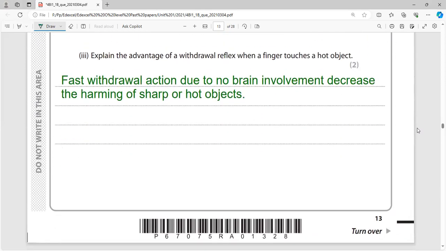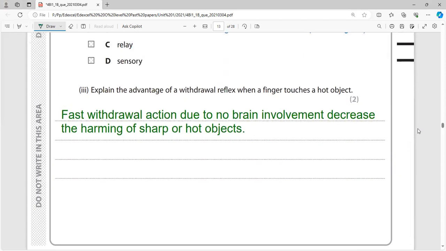The next question: explain the advantage of the withdrawal reflex when the finger touches a hot object. A reflex is when our body part touches a hot or sharp object. Without the involvement of the brain, we quickly withdraw our body part from the dangerous zone.